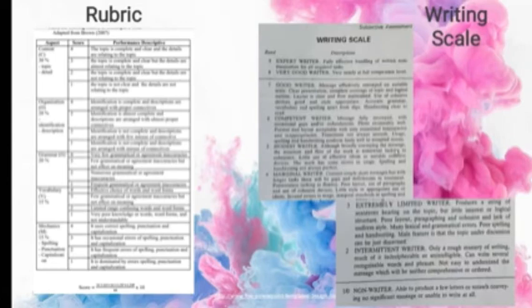This means after scoring by using the rubric, for the final score, we can see the scale or the description of our student's writing by using the writing scale. It means if the final score is 8, our student's writing is very good.